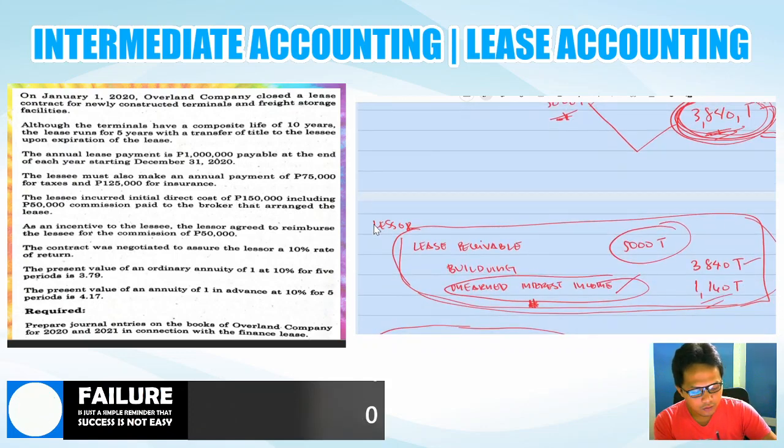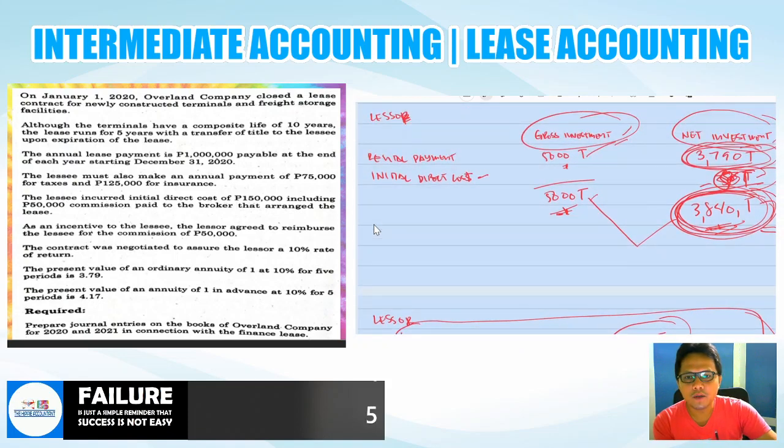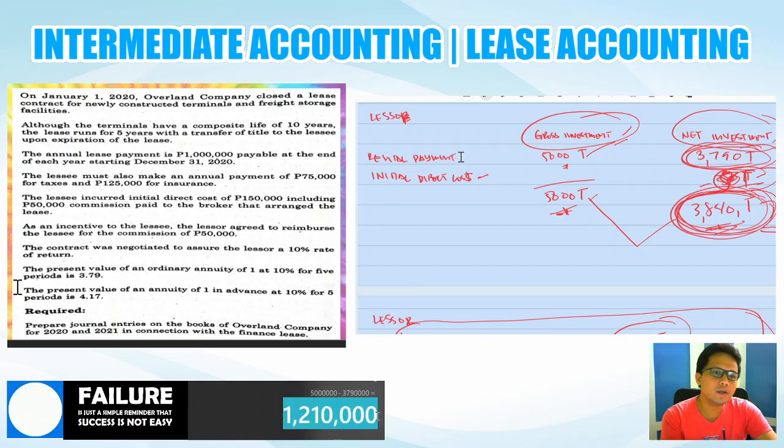Kaya nga, ang nangyari dito, kung wala lang sana itong 50,000, the unearned interest income that would be recognized on initial recognition is simply computed as 5 million minus the present value of the lease or the rental collection, which is at 1,210,000. Okay? 1,210,000.